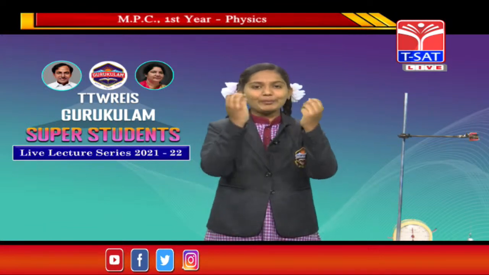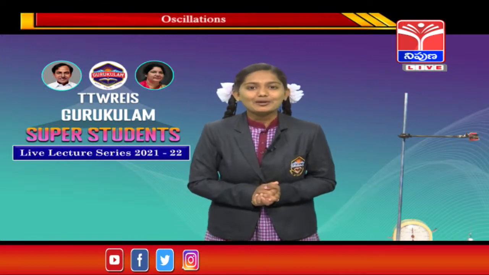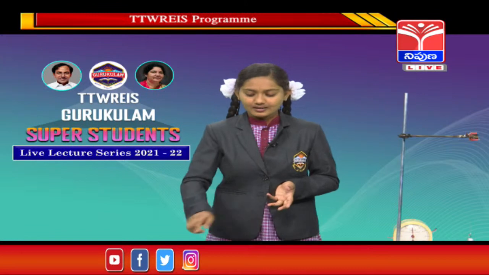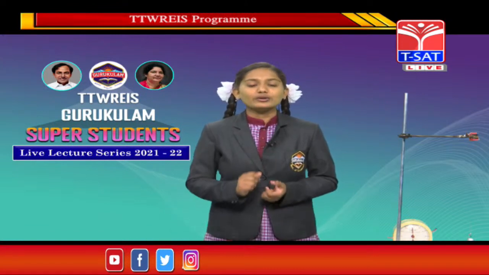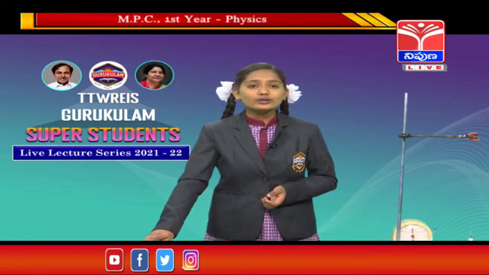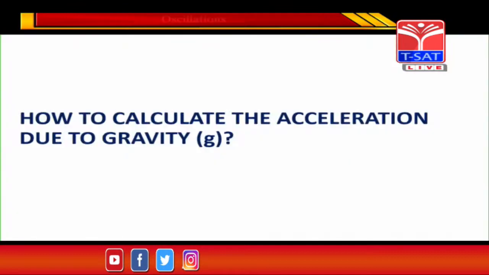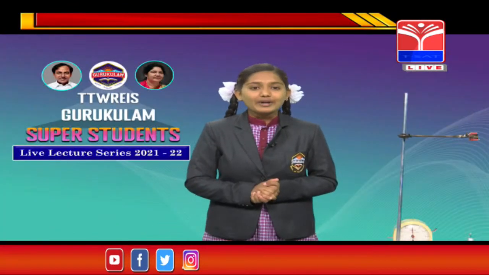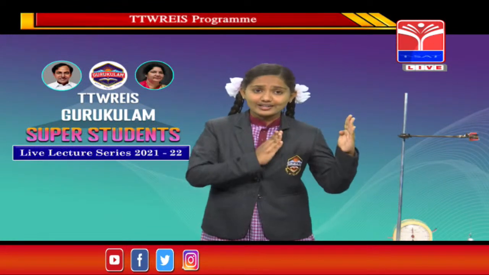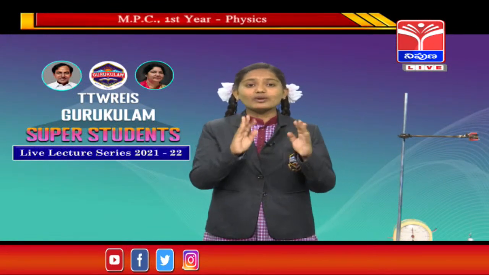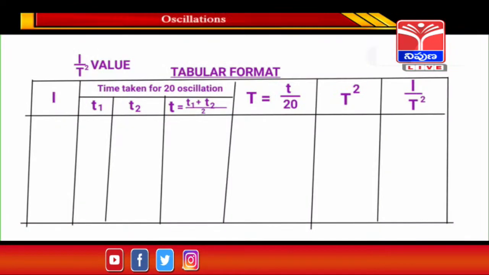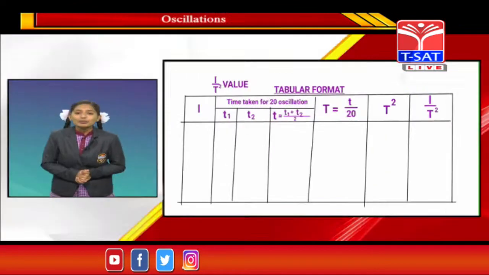By using a simple pendulum, we calculate the L by T square values. Mainly 4 pi square is a constant term and L by T square is the variable. Now the calculation of L by T square in tabular format.